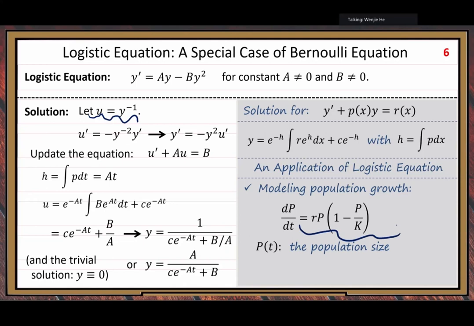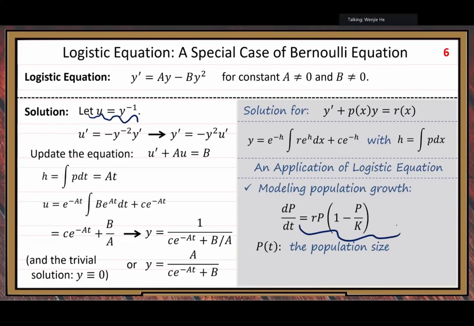Based on the specific meaning here, the rate of change is proportional to the population, but if it's only proportional, people feel it's not quite right. First, people modeled population growth using this simple ODE.